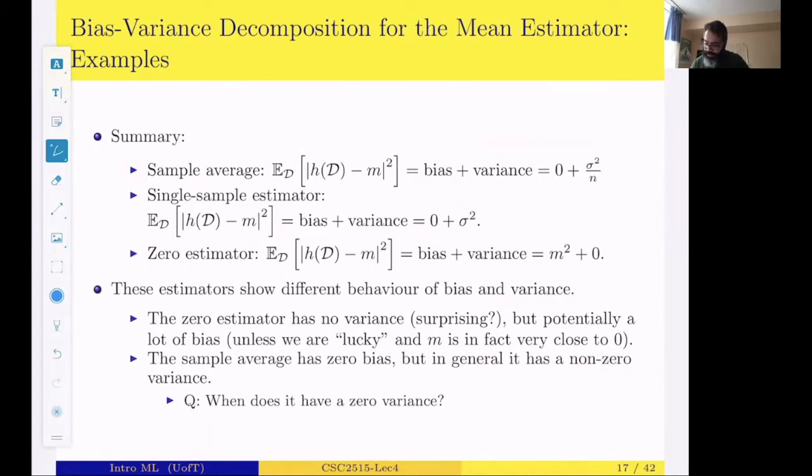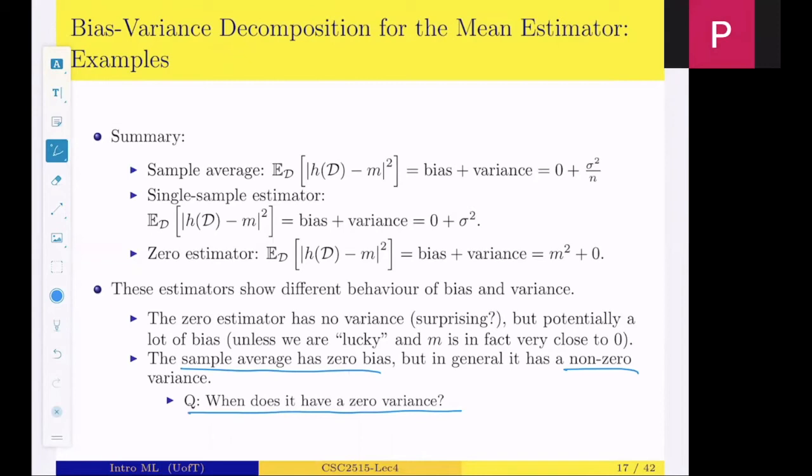Another question you can think of is that the sample average has zero bias, but it has a non-zero variance. When does it have zero variance? Can you think of it? When n is very large, when we have the whole data set?